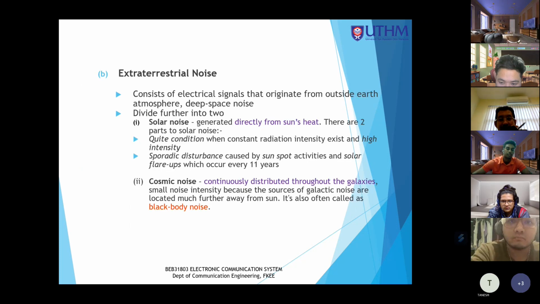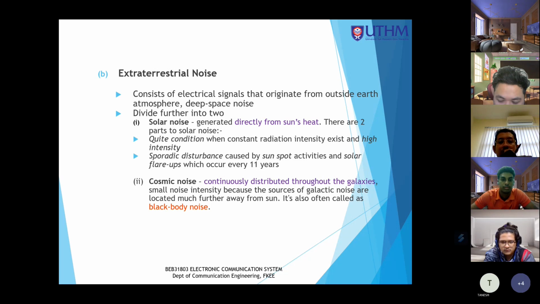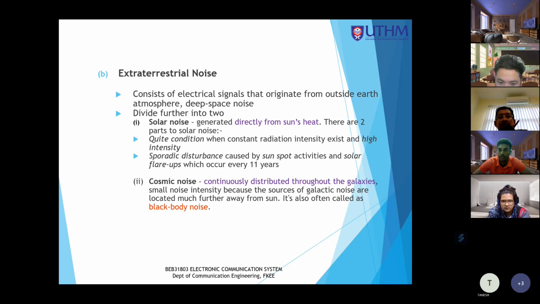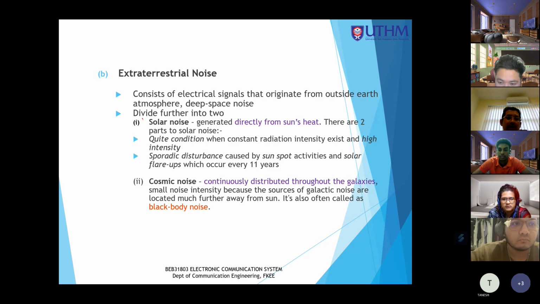Dan extraterrestrial noise ini berlaku di luar daripada bumi. Okay, so we can have two types of extraterrestrial noise. The first one is the solar noise, which is due to the sun's activities. Okay, so we have what we call a quiet condition and also the sporadic disturbance.